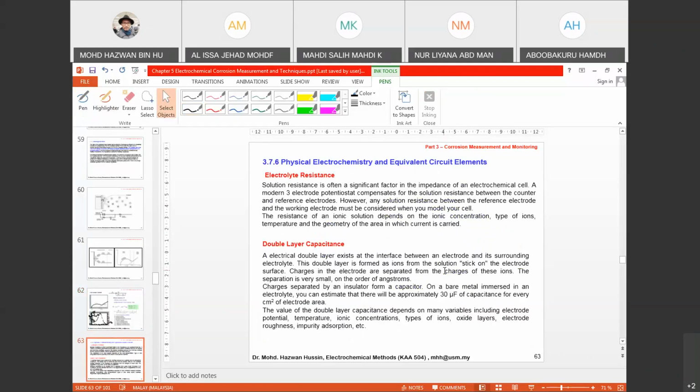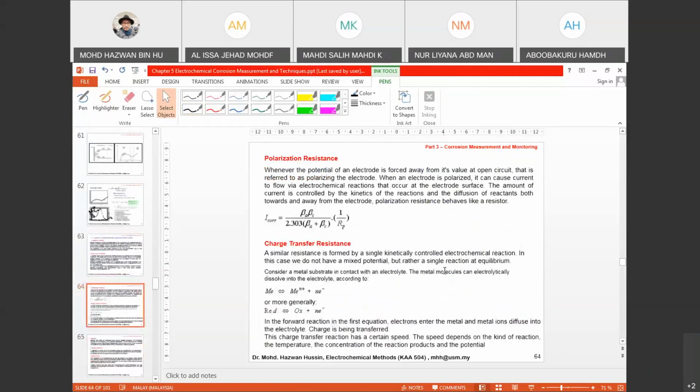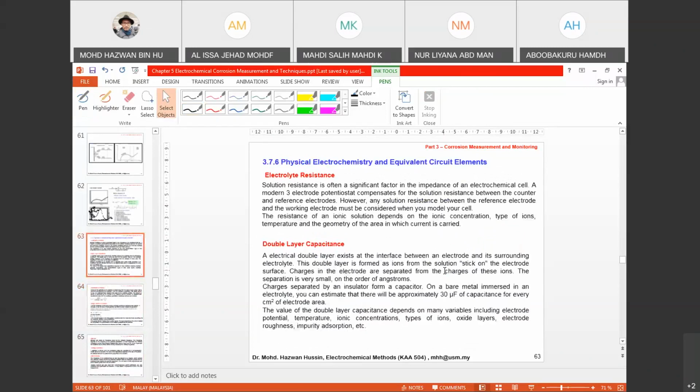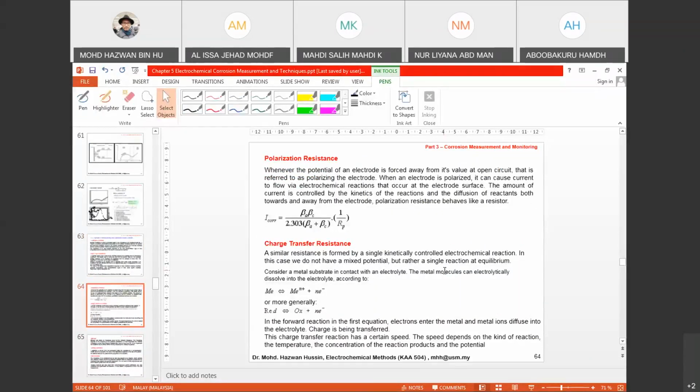Right, so this is basically the components for the equivalent circuit. I guess I have mentioned this to you guys. It's just a recap that you might have solution resistance, a double layer capacitance, polarization resistance, or charge transfer resistance, RCT. Remember, RCT and RP are the same thing.